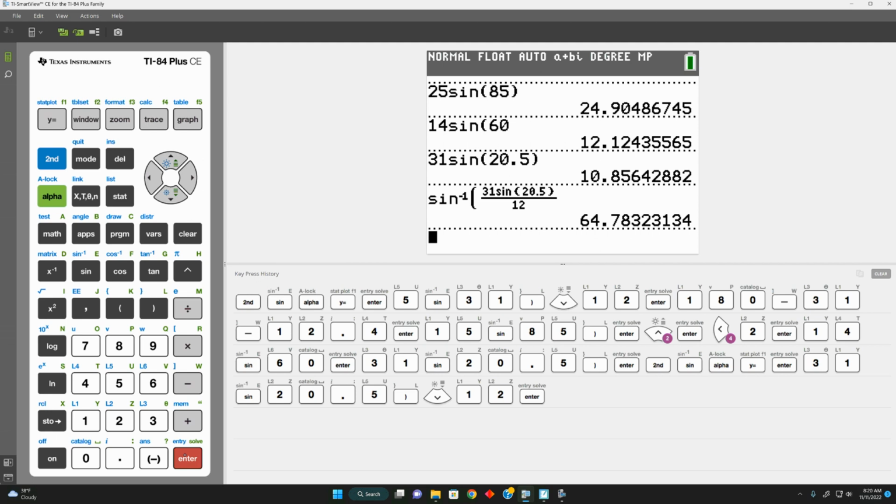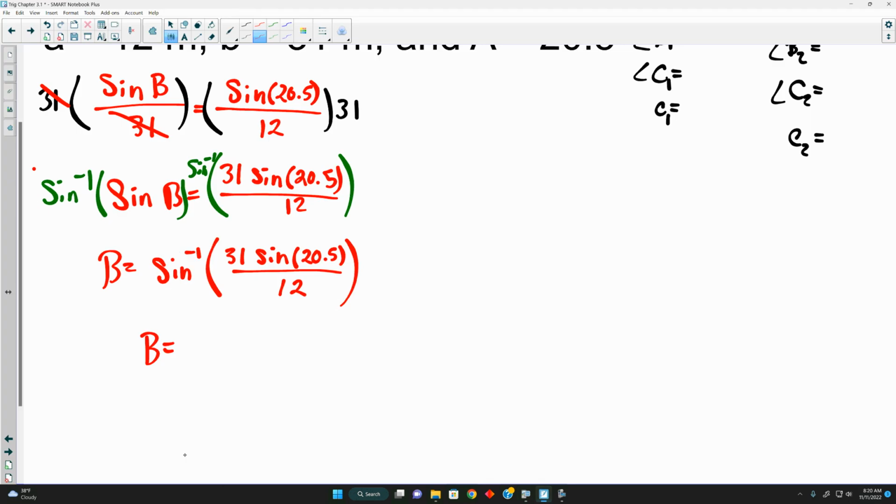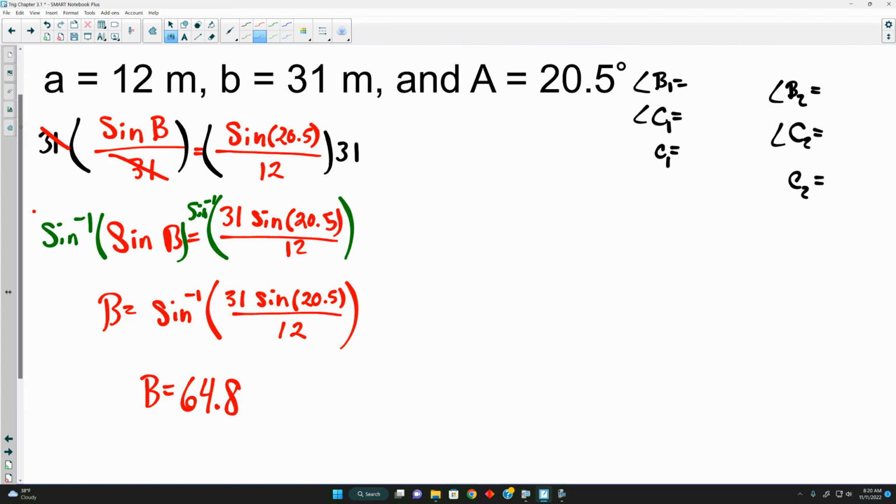We'll round to the nearest tenth, so 64.8. And we can call this B1. Questions on this here? We good with this here so far?